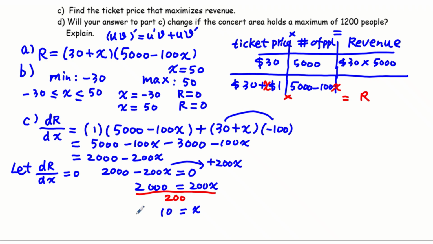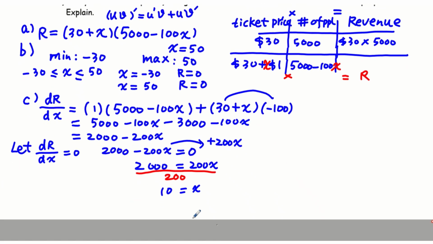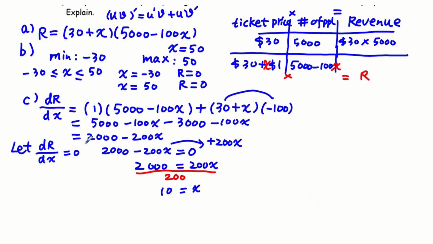Then we are going to sub this x equals 10 into this R to find out what the R value is. And also here we could use this x equals 10, use our first derivative test to find out. This is x equals 10, R prime equals 0.